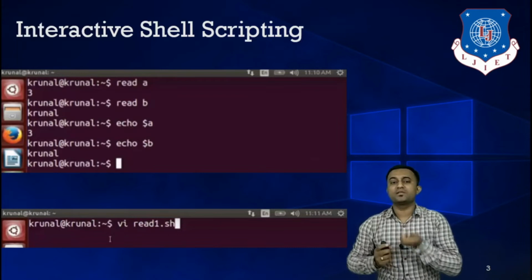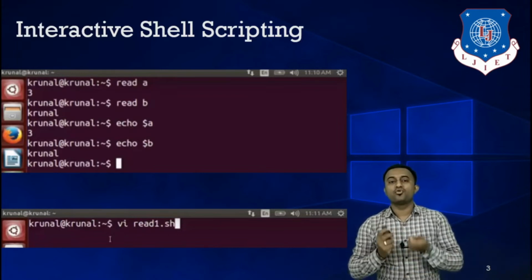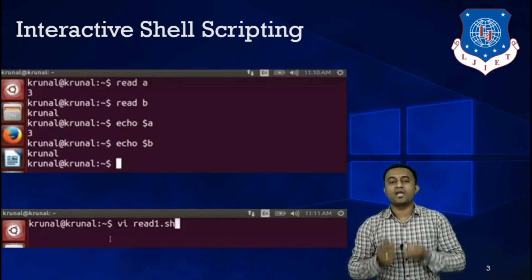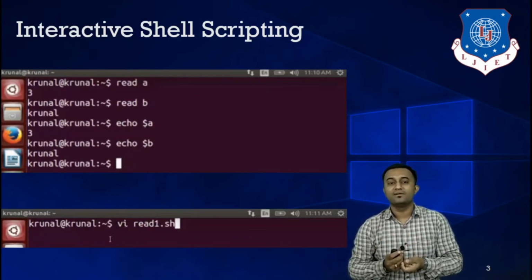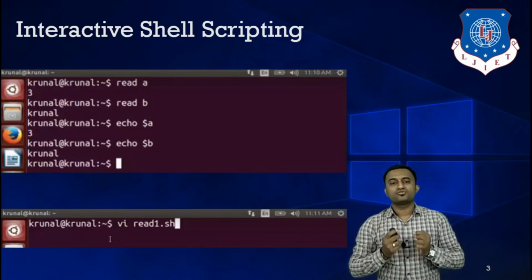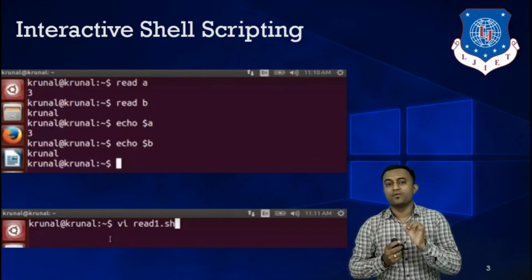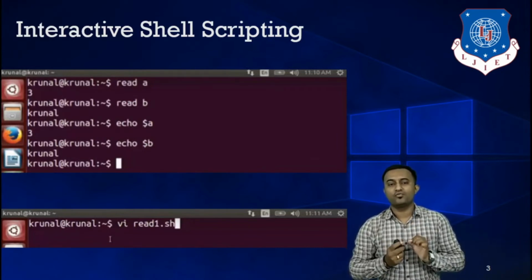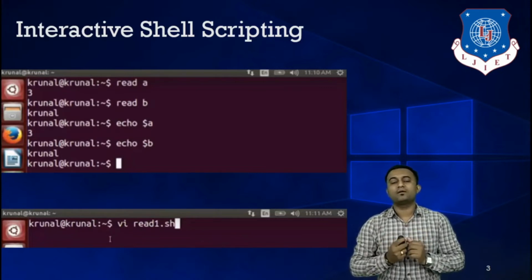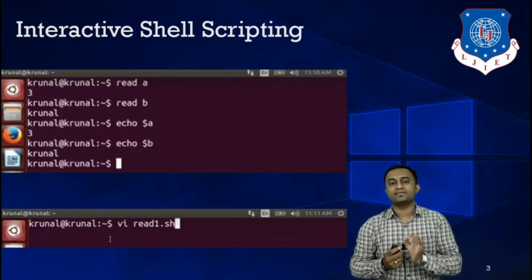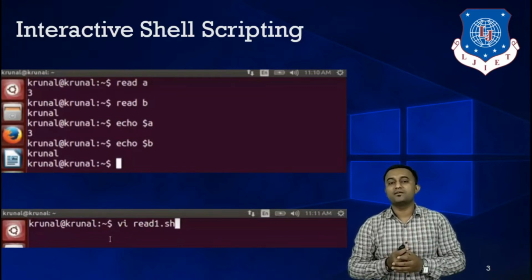Because read is a reserved keyword, and you know very well that a reserved keyword cannot be used as a file name, just like in the C programming language. If you write read, it will not allow you to create that file. The sh is the standard shell extension of this file.